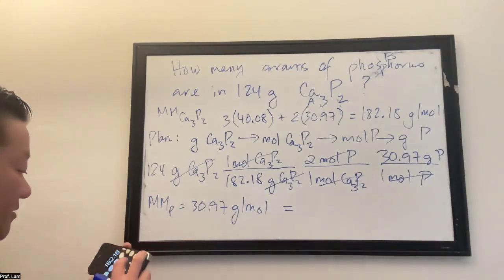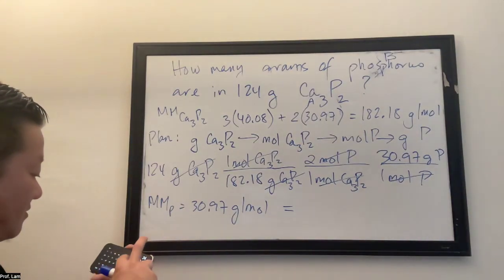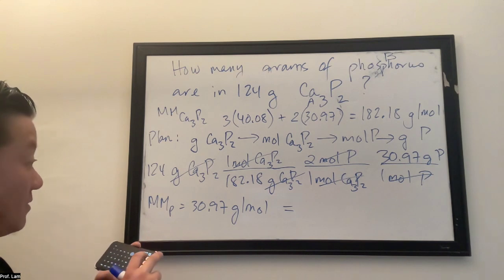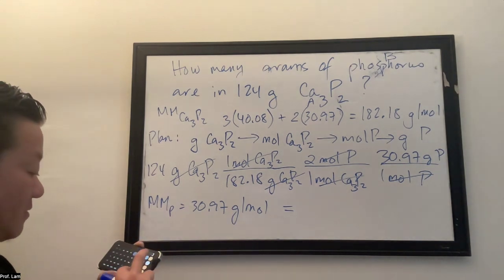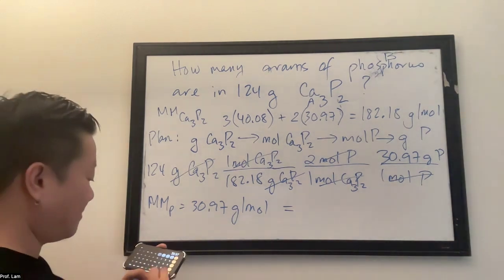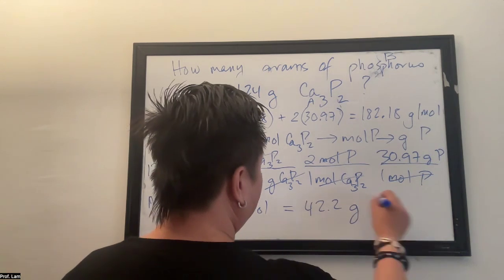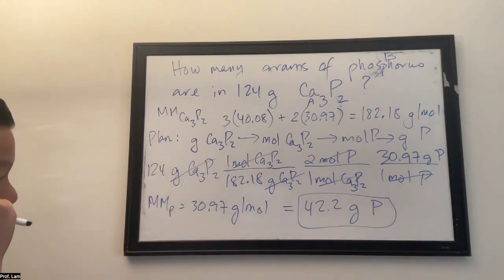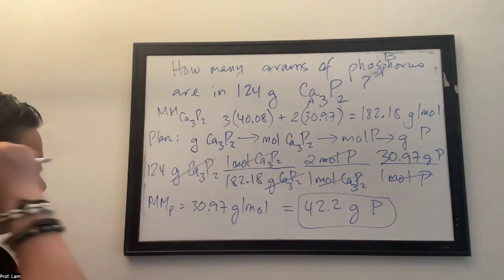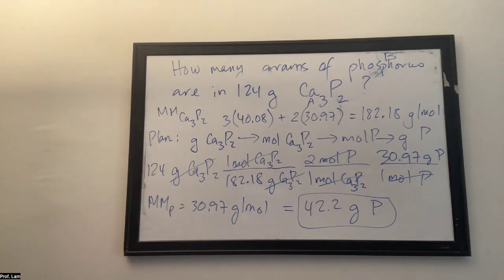And that's equal to 42.2 grams of phosphorus. It's 3 sig figs because of this number here, so we round to 42.2 grams of phosphorus.